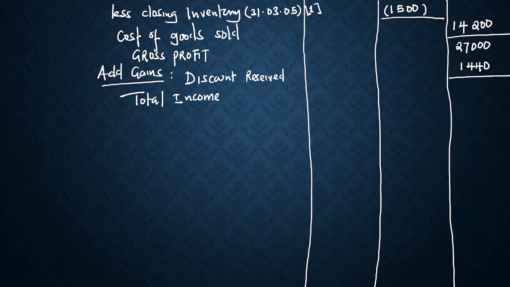It's 27,000 plus 1,440. 28,440. 28,440. Now we can go to expenses.